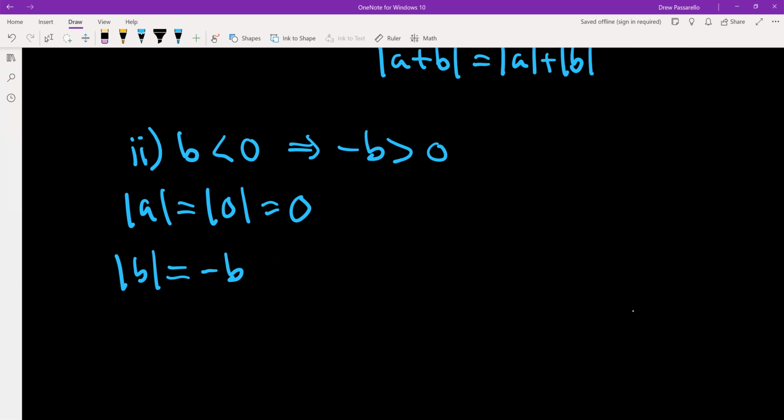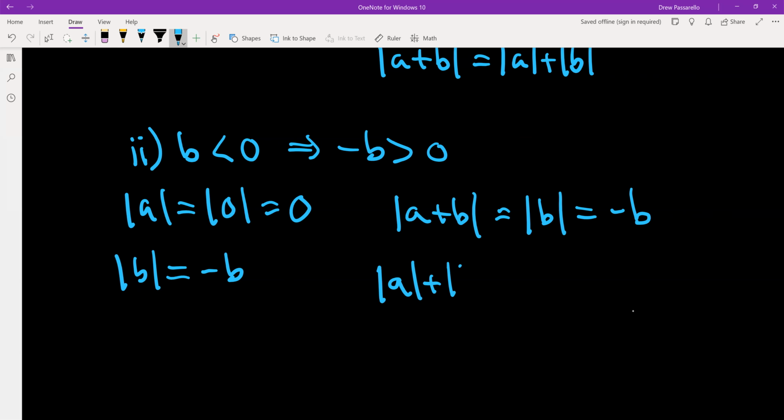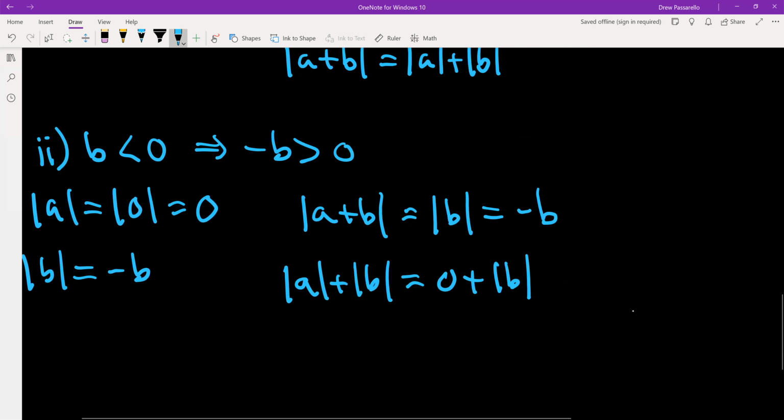So when we do the absolute value of a plus b, a is 0, so that's 0 plus b, which gives me the absolute value of b, which is negative b. Then we do the absolute value of a plus the absolute value of b. Well, the absolute value of a is the absolute value of 0, which is 0. So 0 plus the absolute value of b, which is negative b.